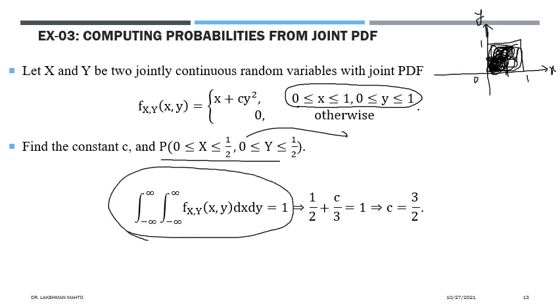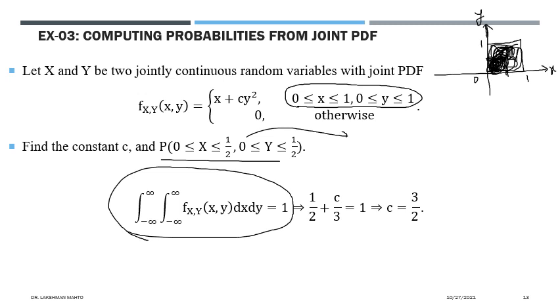So we need to integrate x plus c times y square over the region minus infinity to infinity, minus infinity to infinity. But we know that f of xy takes a non-zero value only in this square region.